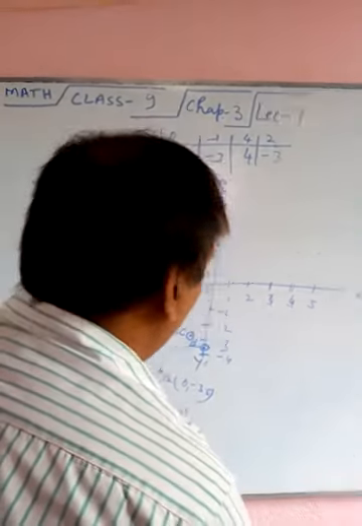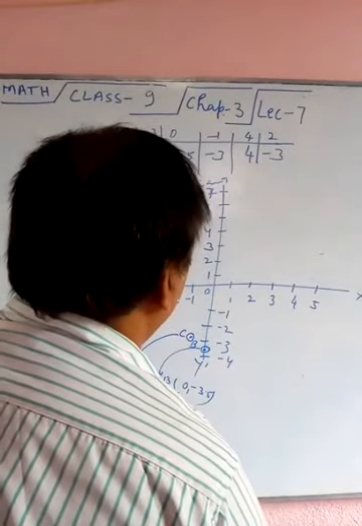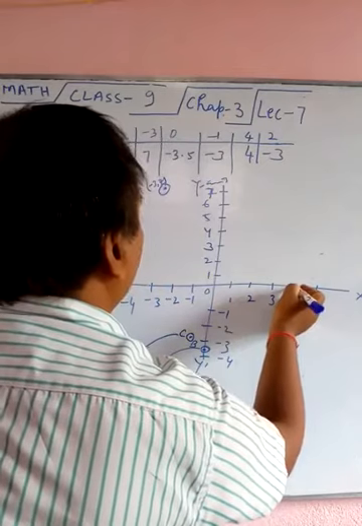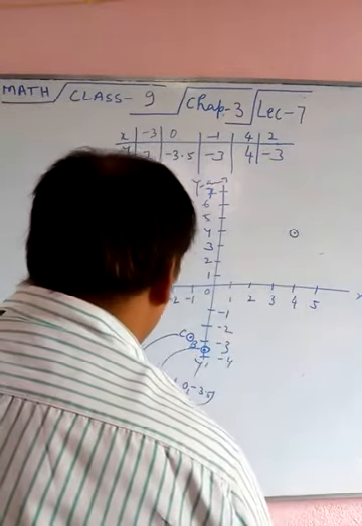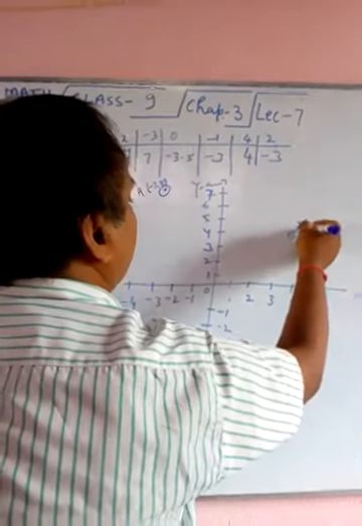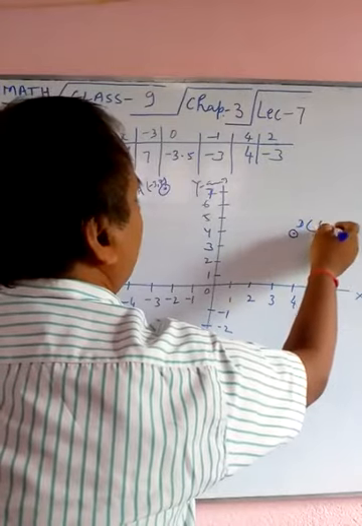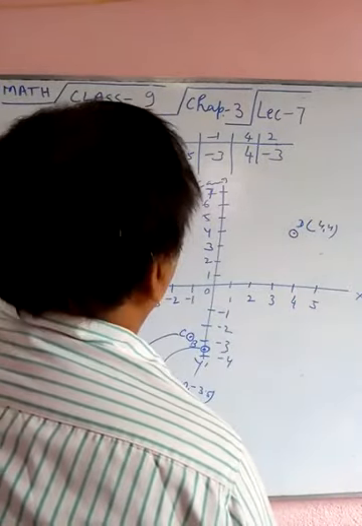Next is 4 and 4. So on the positive direction of the x-axis, we will go till here 4, and on the positive of y, we will go here, and this point will be D. So coordinates of D are 4 and 4. Now 2 and -3.